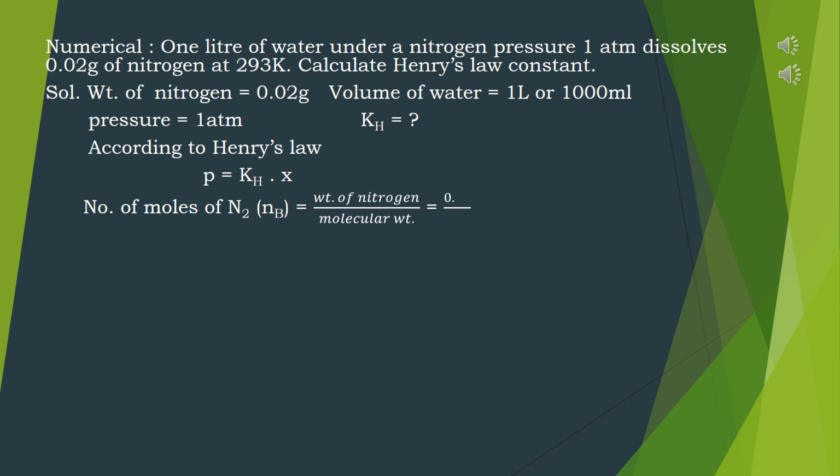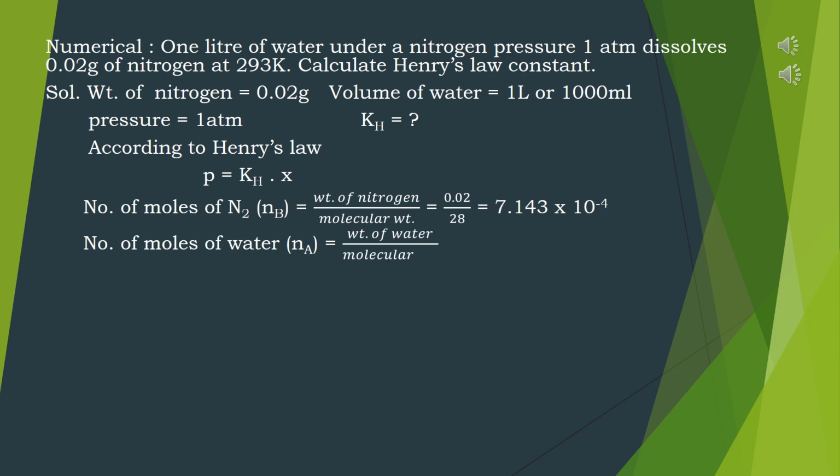And number of moles of water, which is the weight of water divided by molecular weight, comes out to be 55.5. Here the density of water is assumed to be 1.